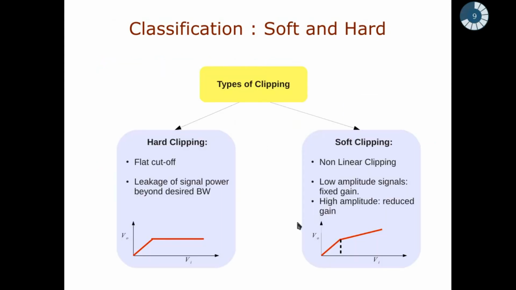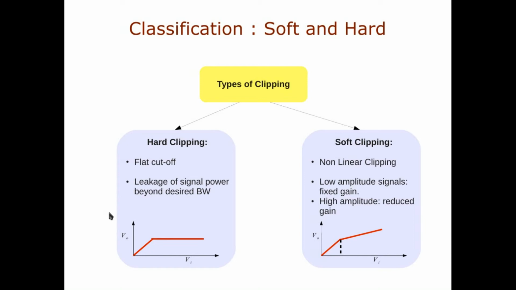Now another classification that we can do on the clipping technique is hard clipping as well as soft clipping. So hard clipping is the typical clipping that we perform in any electronics lab, your clipping circuits. So there is a hard cutoff to the input voltage, and after this cutoff voltage, all your other voltages are clipped to that level.